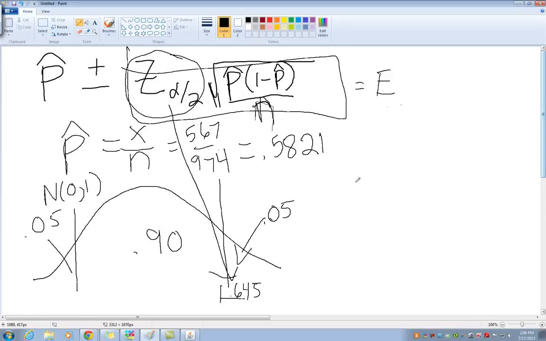So we've got a margin of error equals 1.645 times the square root of, well, here is 0.5821, and 1 minus that is 0.4179.